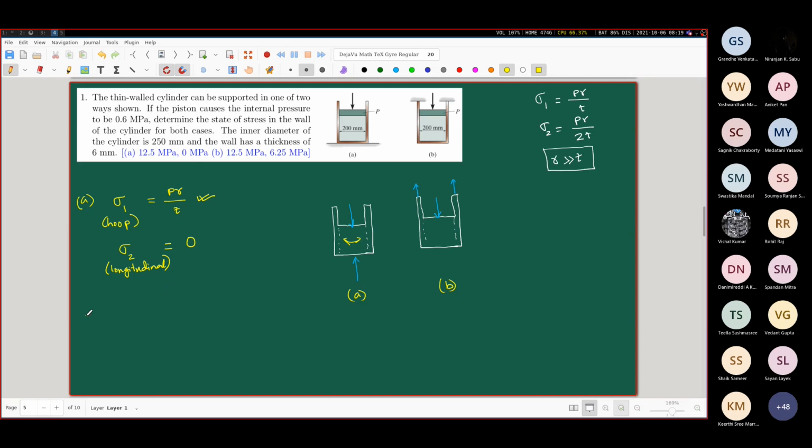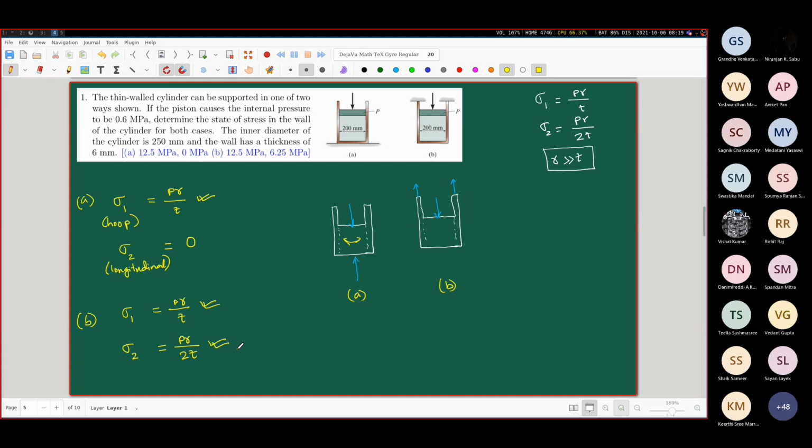For part B, sigma 1 remains unchanged. This is PR by T. You can calculate this value, and sigma 2, that is the longitudinal stress, will actually be calculated from the formula that we had derived.